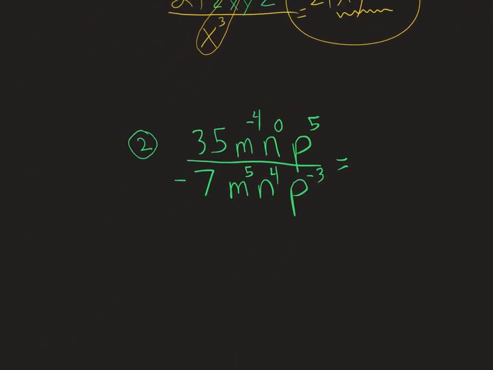Okay, 2. First thing, I'm going to get rid of that zero exponent, and I'm going to deal with any negatives I see. I'm going to move that P3 up to the top. I'm going to move that M down to the bottom, and I'm just going to rewrite all this ugliness. 35 divided by negative 7, that's just negative 5.